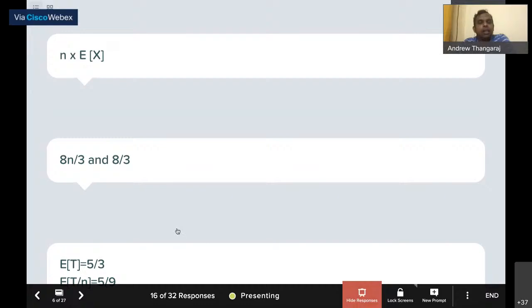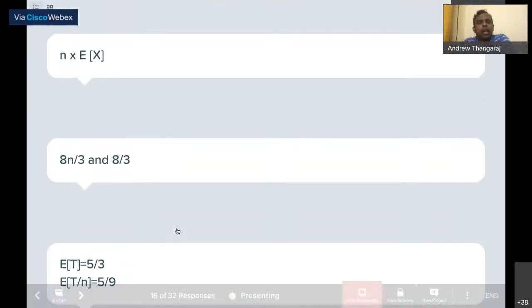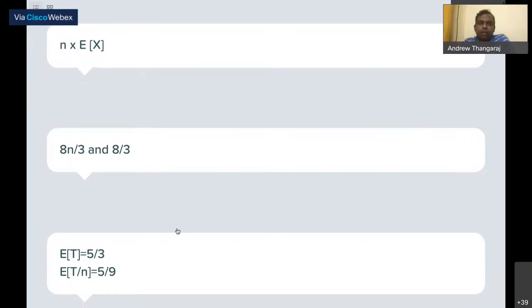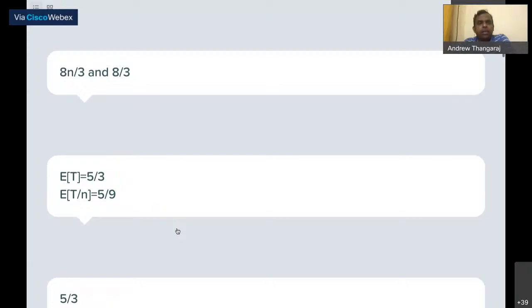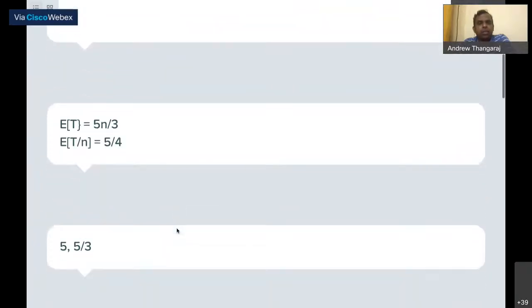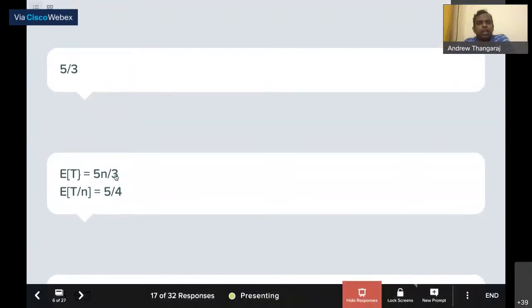So let's look at it. Okay, n times E of X. Options include 5 by 3, 8 by 3, 8n by 3, 5 by 4, 5n by 3. So if the expected value of T is 5n by 3, why did the expected value of T by n become 5 by 4?